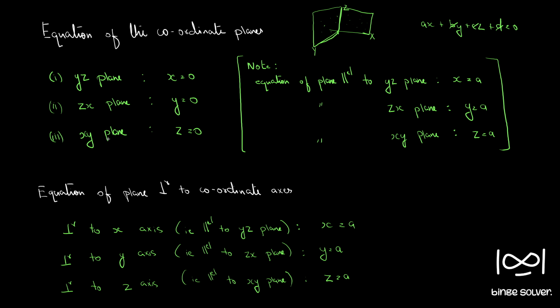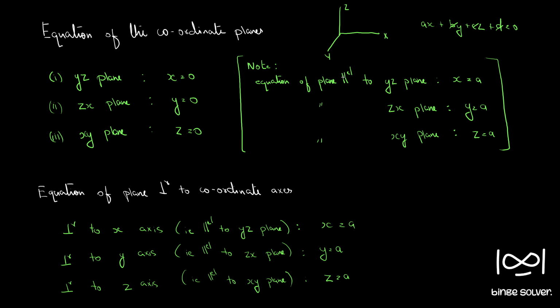Once you are clear with this topic, we can make a slight extension and find the equation of a plane parallel to the yz plane. Let me just clear this picture and draw a new picture with coordinates x and z.